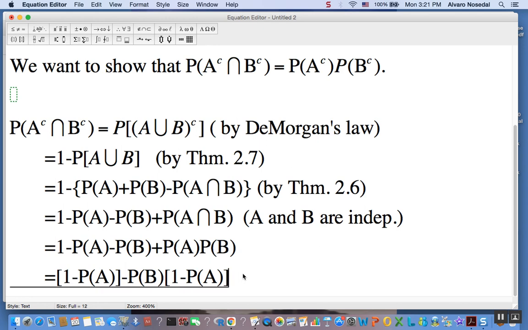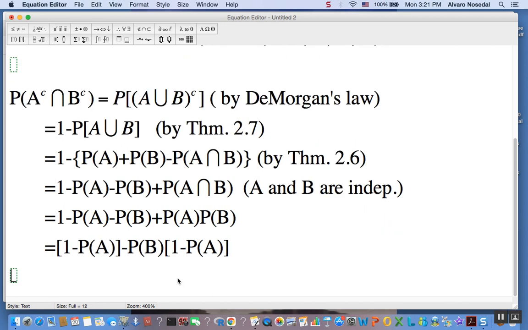Okay, now take a look at that expression. Hey, we could factor out 1 minus the probability of A, right? So let me rewrite that expression like this.